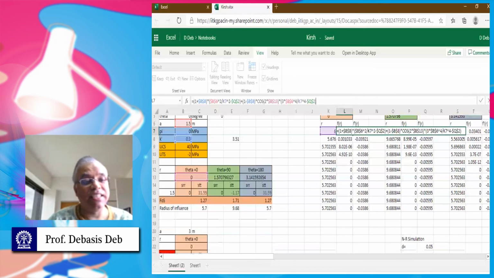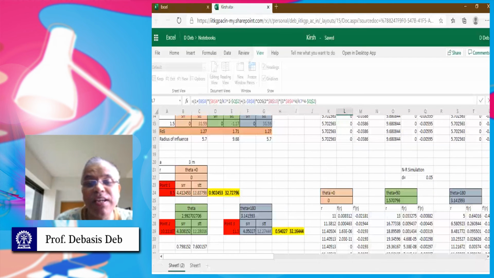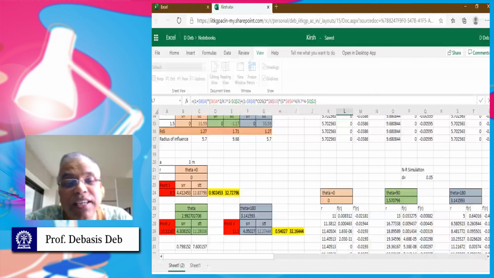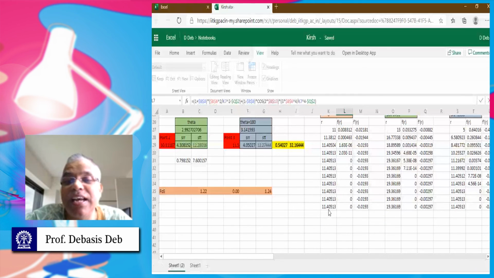And for the bigger tunnel, we found the influence zone. The smaller half axis is 11.4 meter, and the half major axis is 19.36 meter.